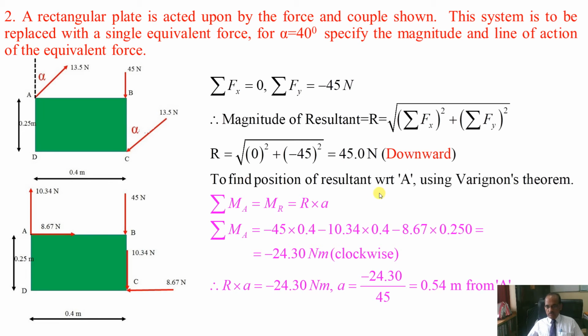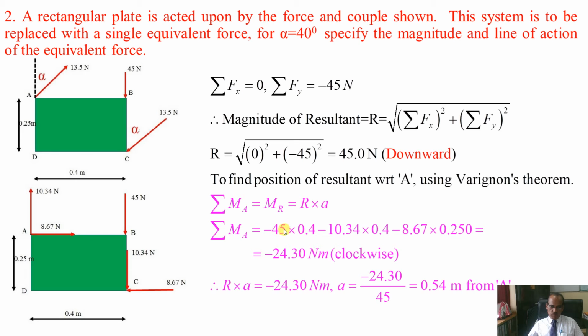Now to find out the position of the resultant with respect to A, using Varignon's theorem, let us take the moment of all these forces at point A, and take the moment of their resultant about the same point. So MA will be equal to this 45. The sense of rotation is clockwise.